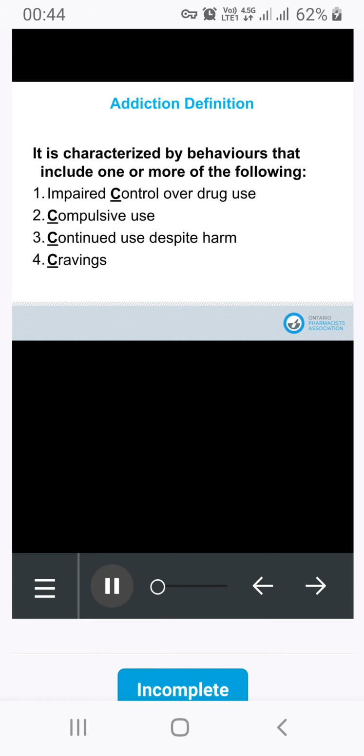It is characterized by behaviors that include one or more of the following: impaired control over drug use, compulsive use, continued use despite harm, and craving. We have the 4 Cs: control, compulsive use, continued use despite harm, and craving.